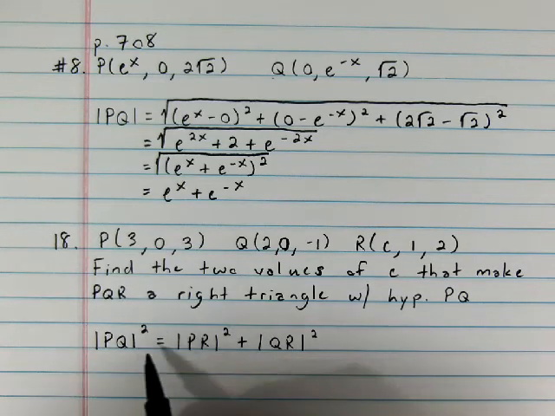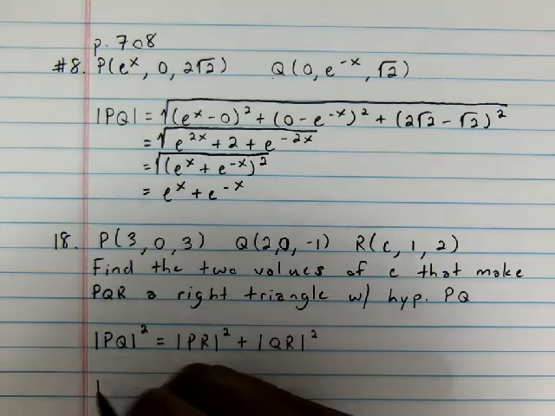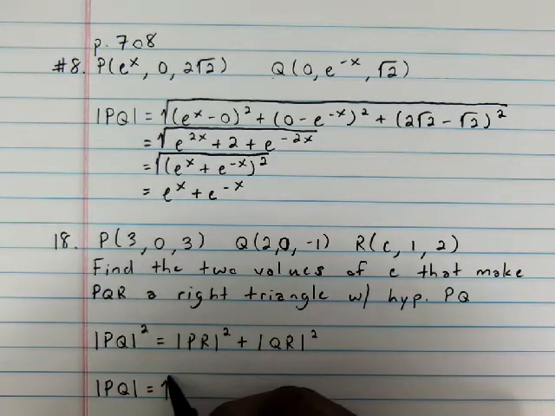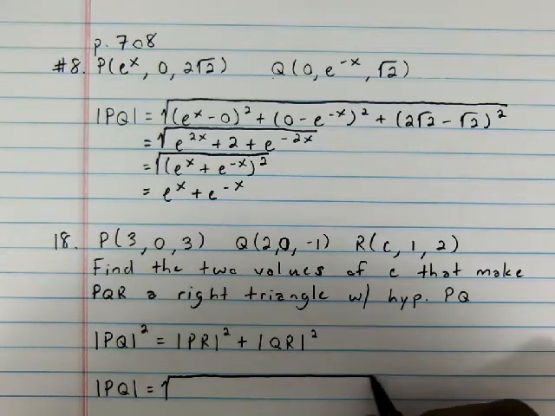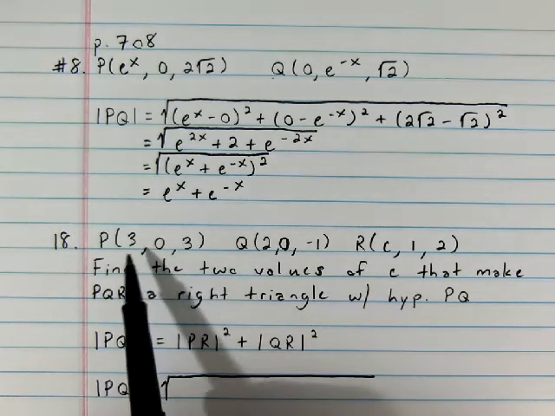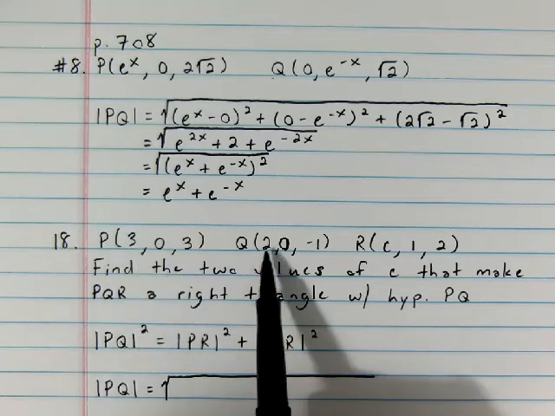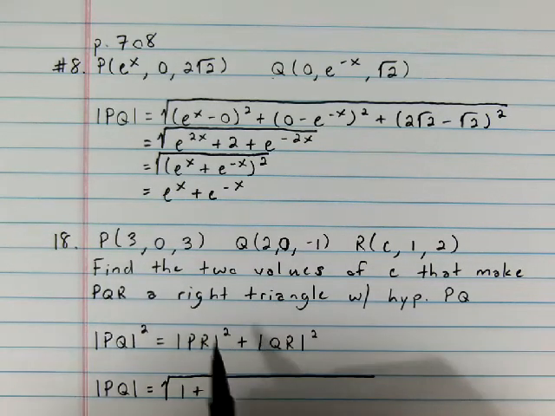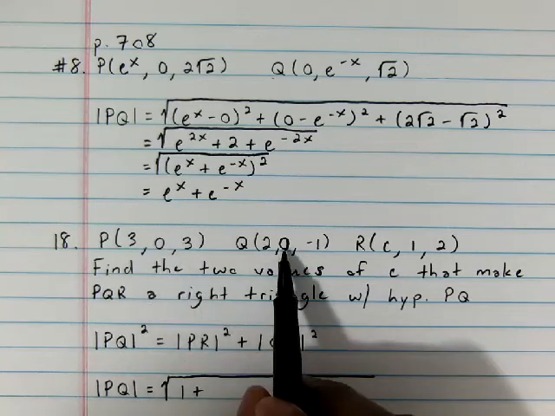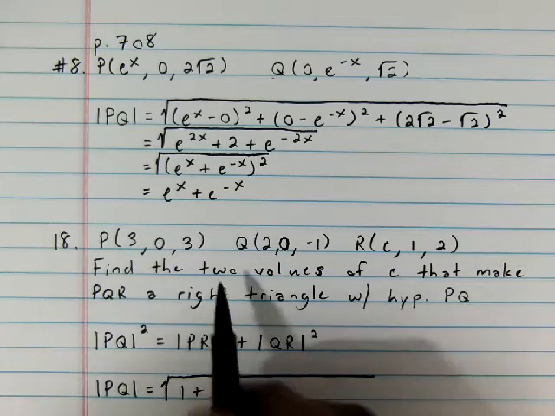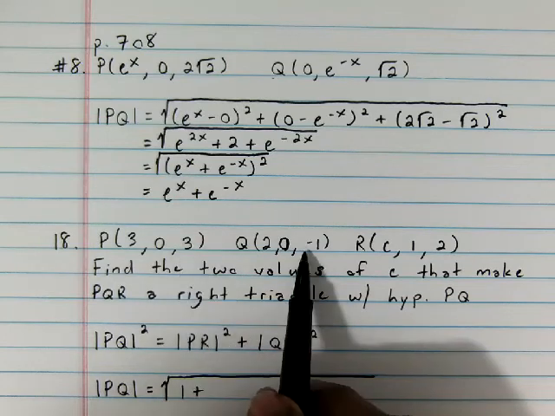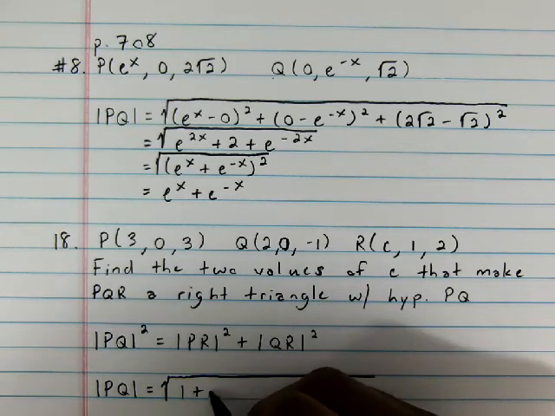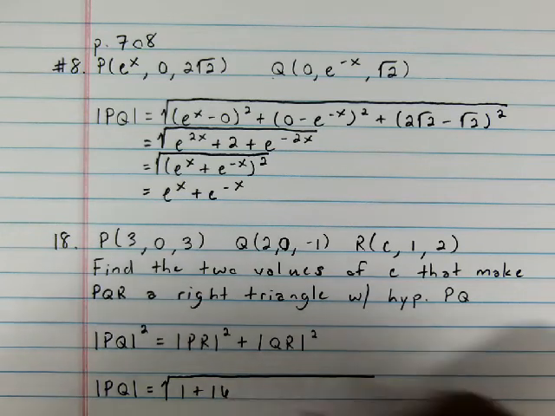So the distance between P and Q, start there, is the square root of, so here I'm going to do this a little bit faster now. So 3 minus 2 is just 1 squared, so we just get 1. And then plus 0 minus 0 squared, which just gives us 0, so we'll skip that. Then 3 minus the -1, so 3 plus 1 squared, which gives us 16.